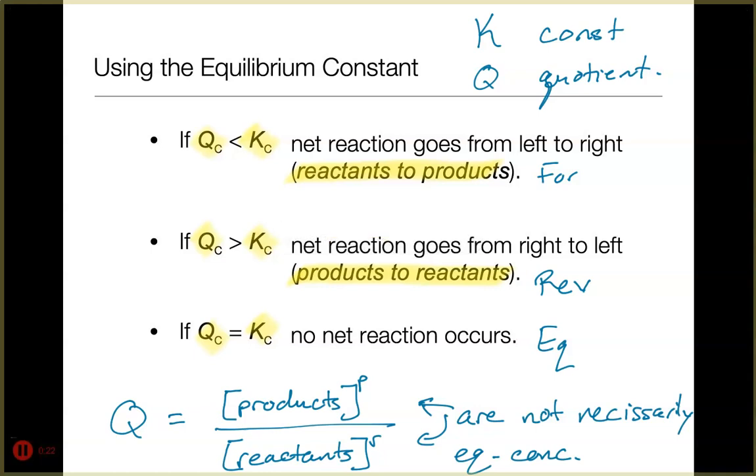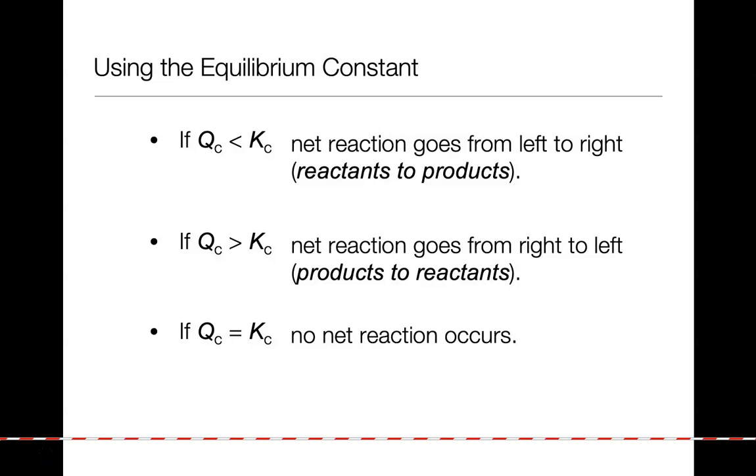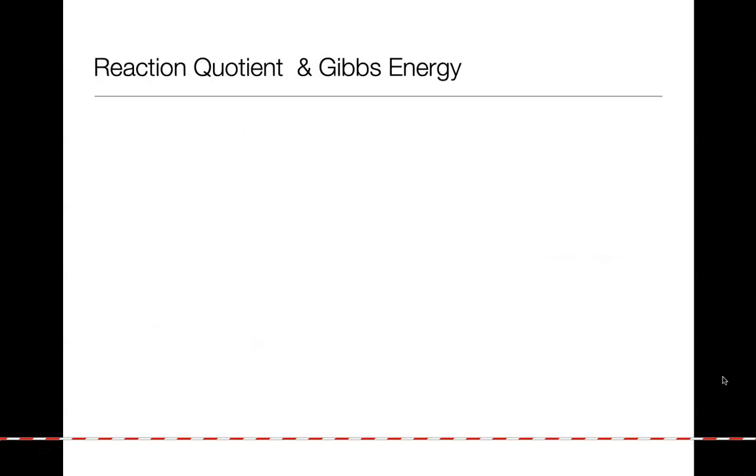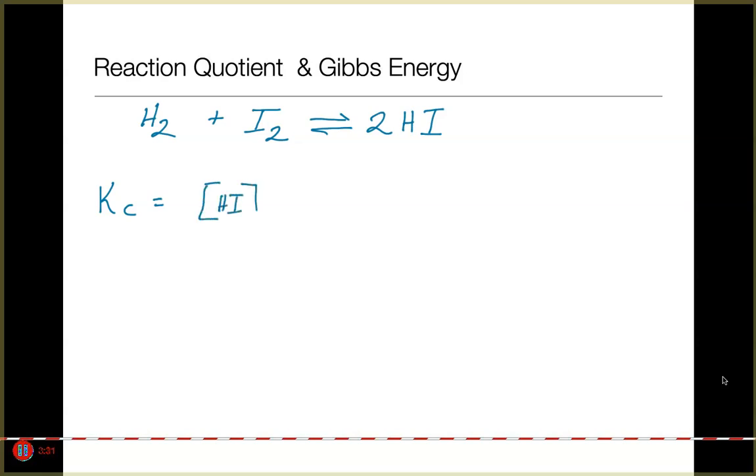Let me try to get to the next slide. There we go. All right, so let's take for an example, again, that reaction, H2 gas plus I2 gas in equilibrium with 2HI. Just for practice, if I wrote out the equilibrium constant expression, it's going to be my products, the concentration of HI squared, over the concentration of H2 multiplied by the concentration of I2.